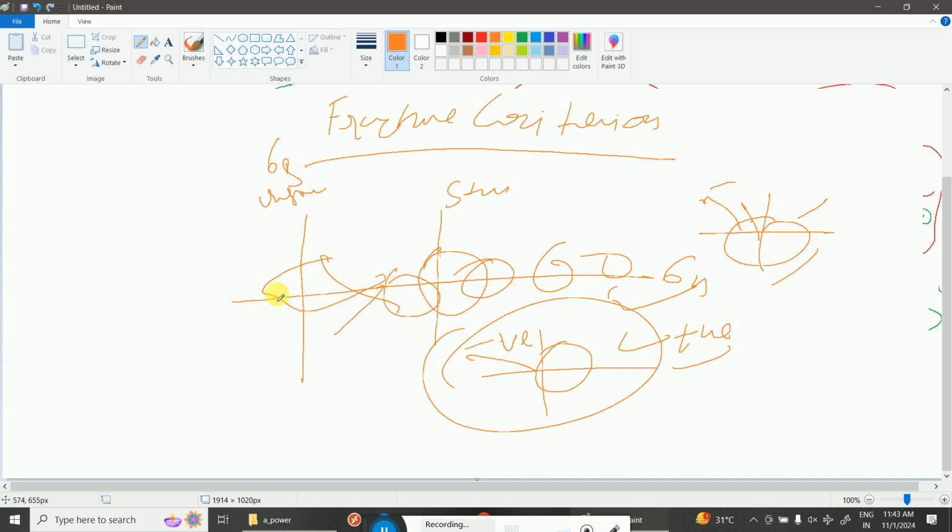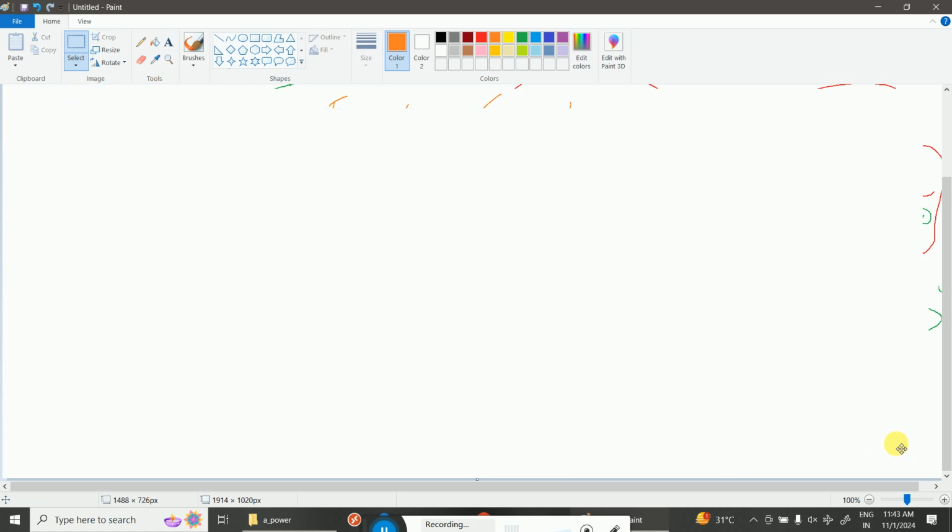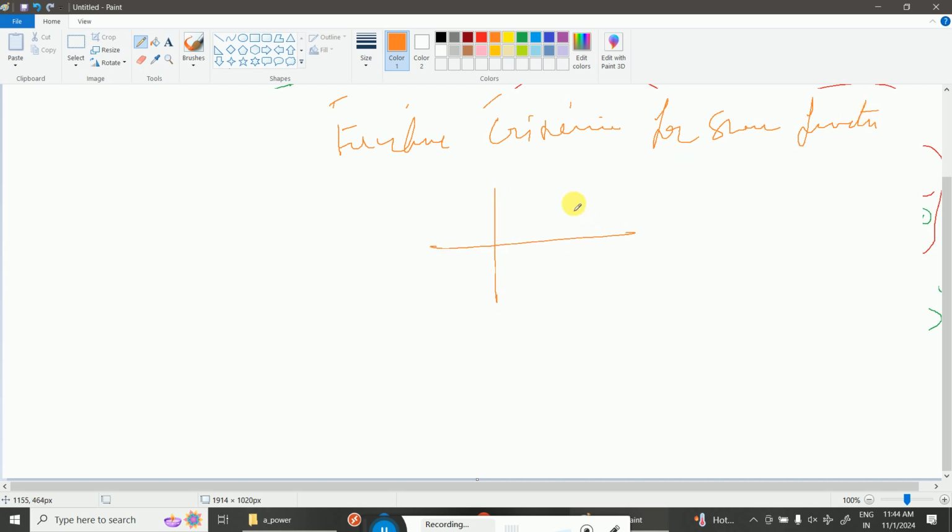Now the fracture criterion for shear fracture, for normal stress and shear stress.